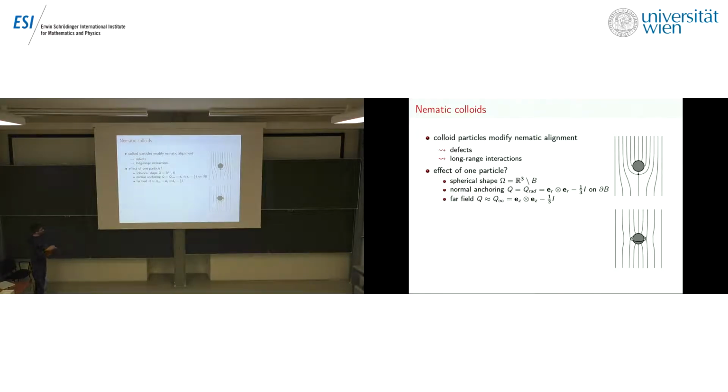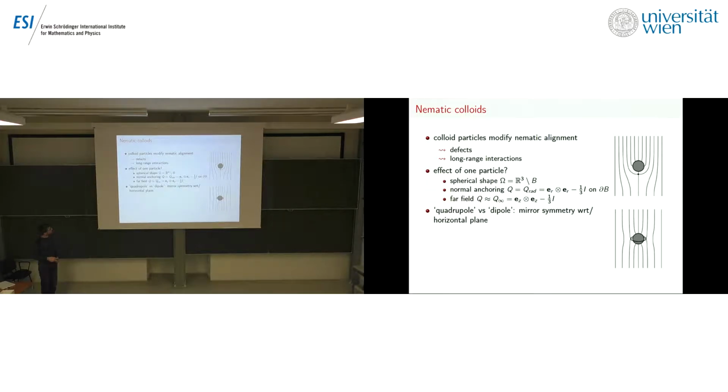And away from the particle, I'm assuming I am just uniformly aligned along a direction that is, as in the pictures, vertical, which I will be more precise about later, but for now, just think that at infinity it's roughly vertical alignment.